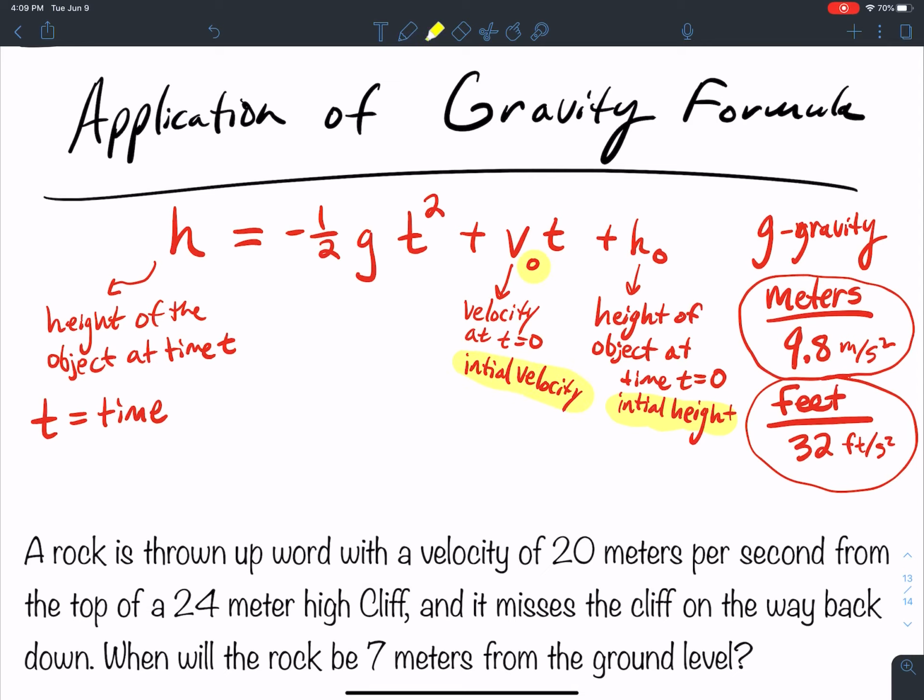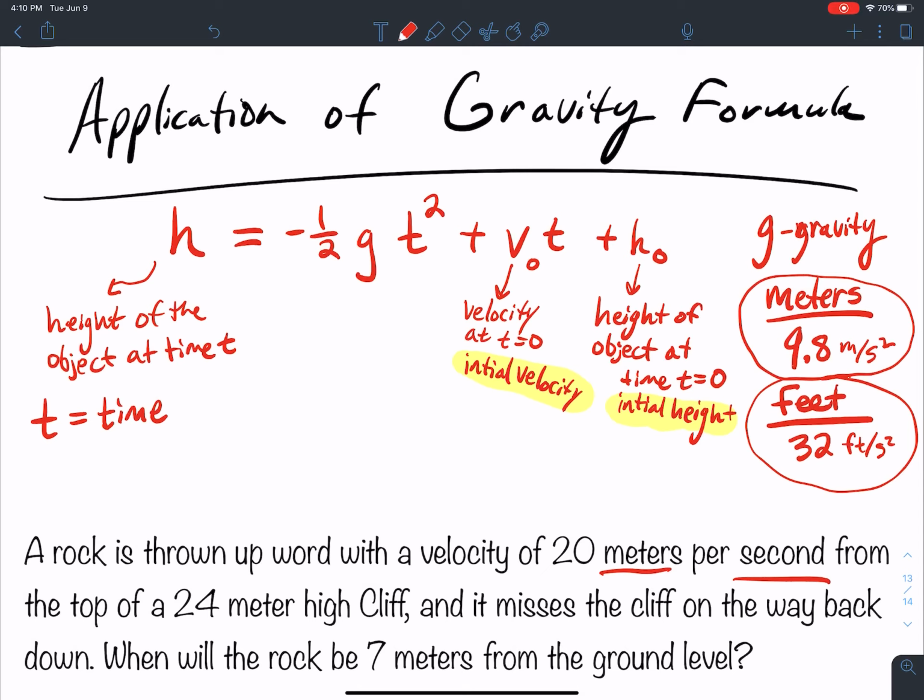That sub-zero, that V naught, H naught, that sub-zero there, that's the time equal to 0. Okay. Right when we start, right when we let go of the ball, the initial speed, whatever it is, okay? So time is in the units, whether it's hours, minutes, seconds. It's here, it's seconds, and the distance, meters here, okay?